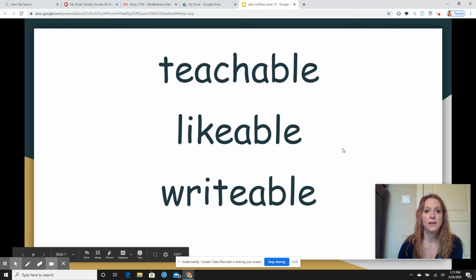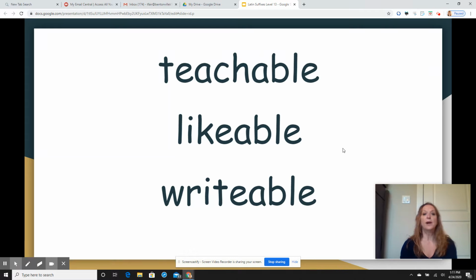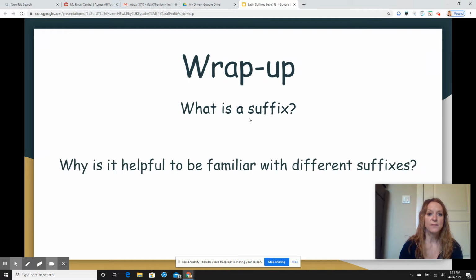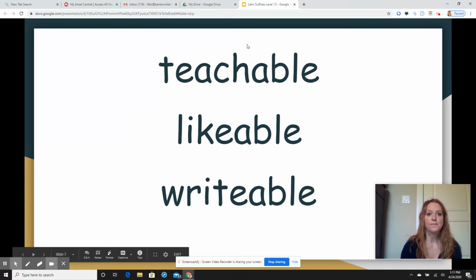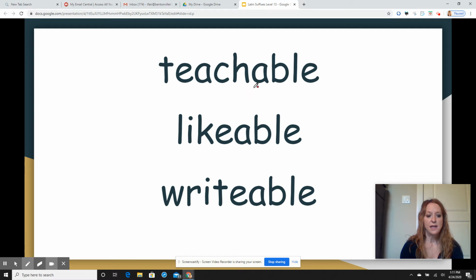Okay, same thing. There are big, long words. But if you break it apart and you look for the suffix, it'll make it a little easier. Okay, let's look over and see what we have. We have able here, able here.